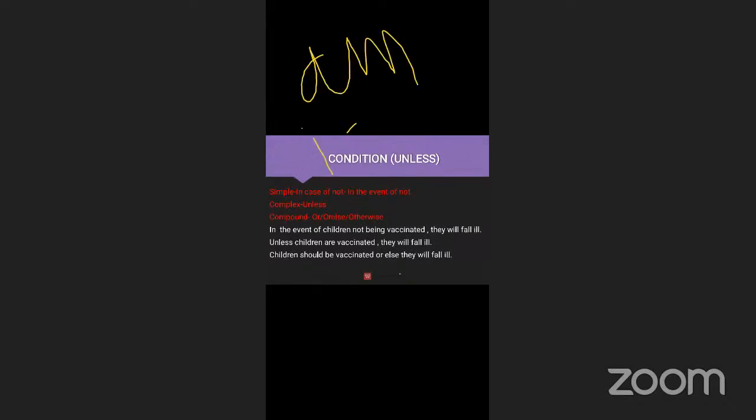Is and are are present tense, was and were are past tense.